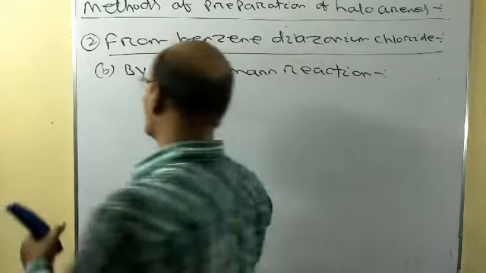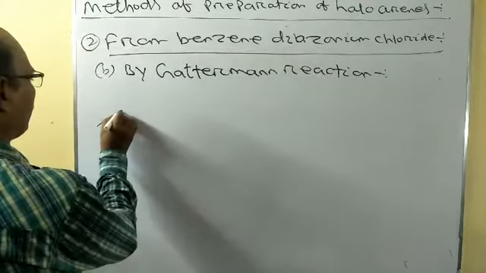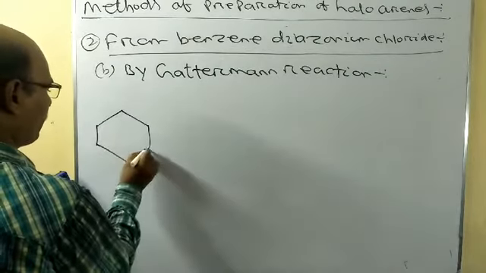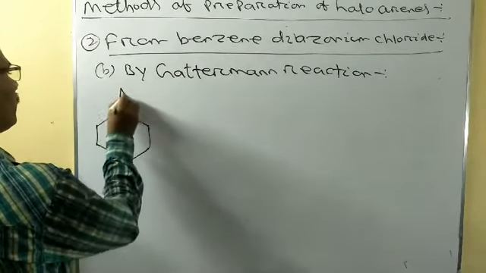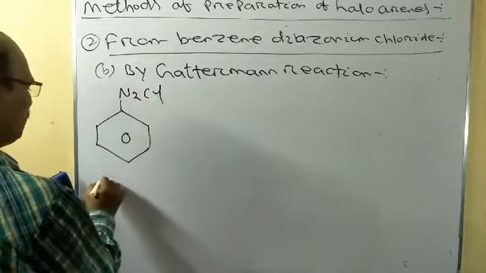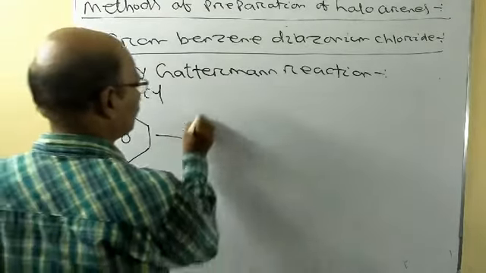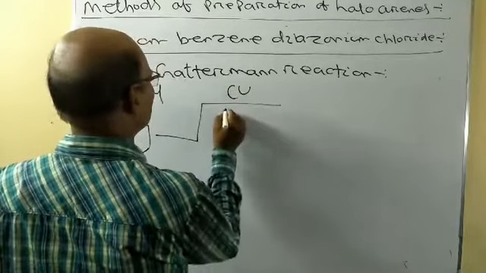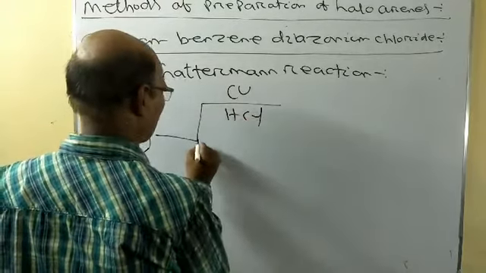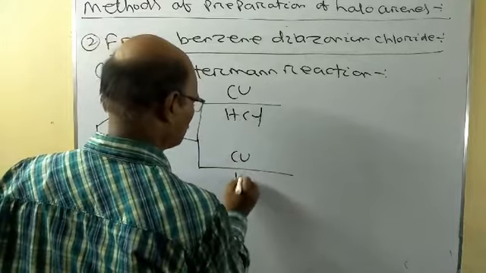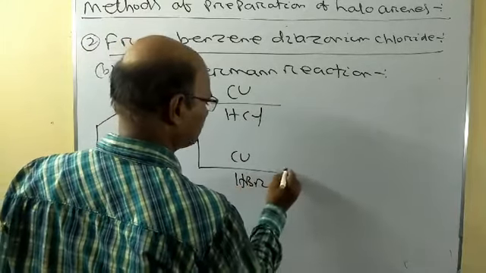Okay, so we can write benzene diazonium chloride, BDC, with Cu/HCl or Cu/HBr.